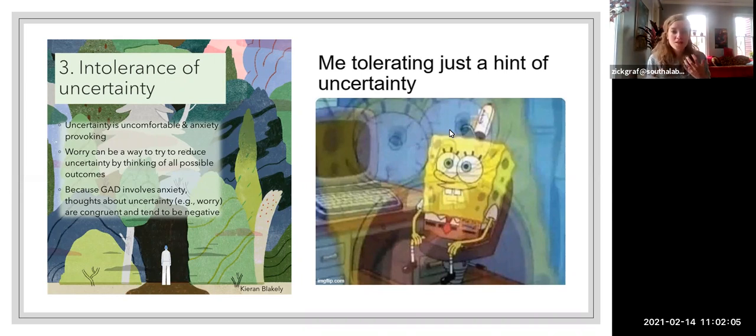And because people with GAD are anxious, they have this poor parasympathetic control over their sympathetic nervous system that causes chronic low-level stress and sympathetic arousal. The content of their thoughts tends to be congruent with the level of anxiety they feel, so it tends to be relatively negative. When people with GAD engage in worry to mitigate their intolerance of uncertainty, they're not usually thinking about the best case scenarios and the possible good outcomes.